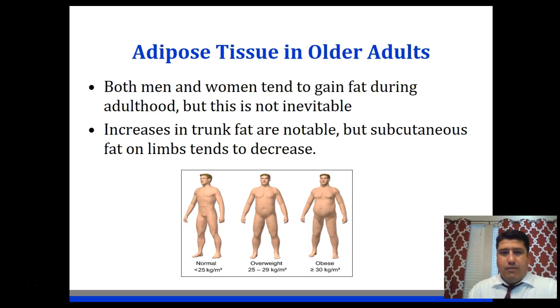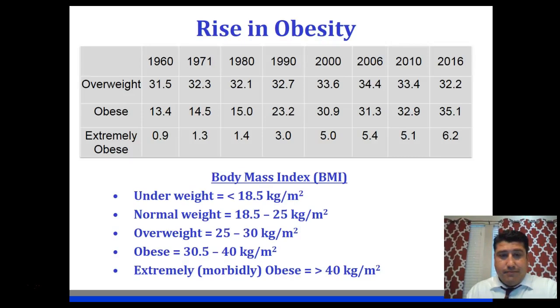Obviously we have control over how much fat we develop. The more active we are, the less fat we'll gain. The more sedentary, the more fat we'll gain. So keep that in mind whenever you start working with older adults. You start to understand what has happened over the last 2 or 3 decades of their life. You can tell by simply how much body fat they have.